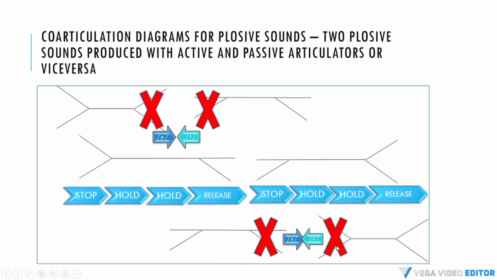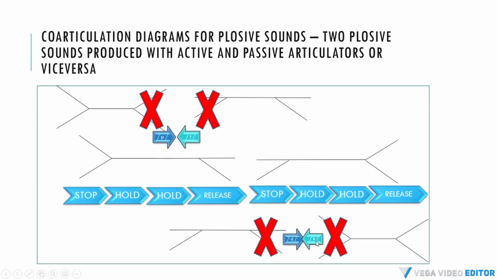So the opposite can also occur. What is the opposite? That we can have the plosive sound with a passive articulator and then an active articulator, where the air is going to be stopped, and then at some point the air is also going to be compressed.